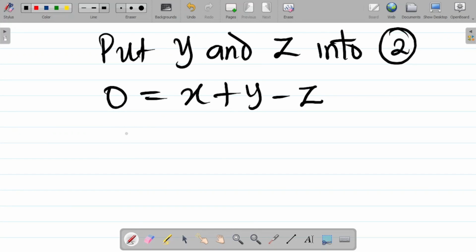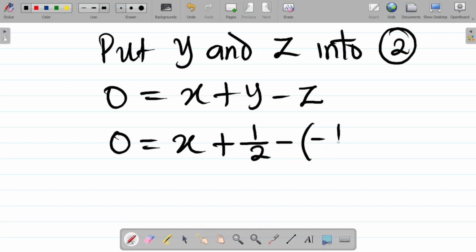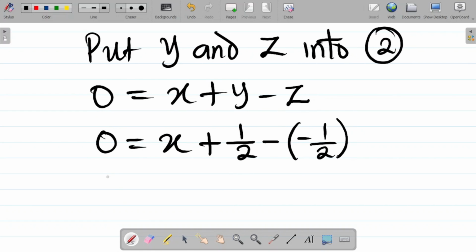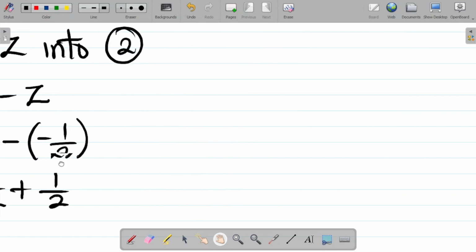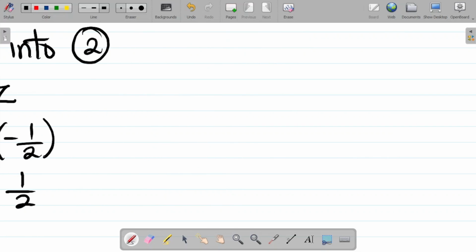Imputing values, we have that 0 is equal to x plus y is 1 over 2 minus z. z is minus 1 over 2. Right, imputing values here, we have that 0 is equal to x plus 1 over 2 minus minus here gives you plus, that becomes plus 1 over 2, plus 1 over 2. If I proceed to solve this, I'll be having this as 0.